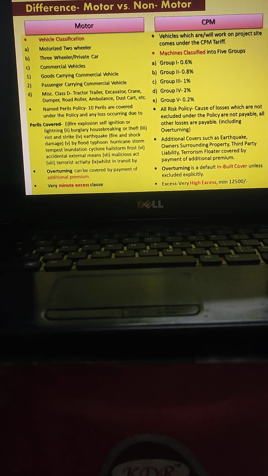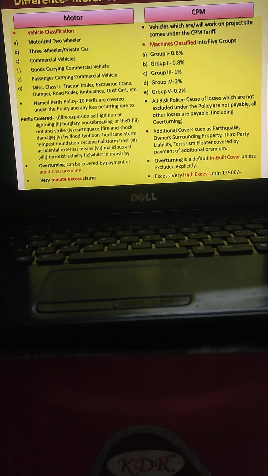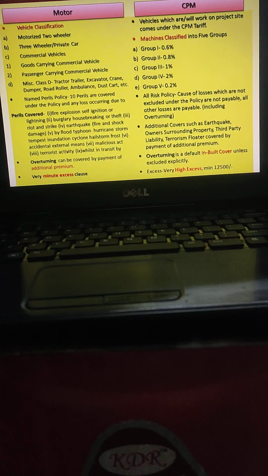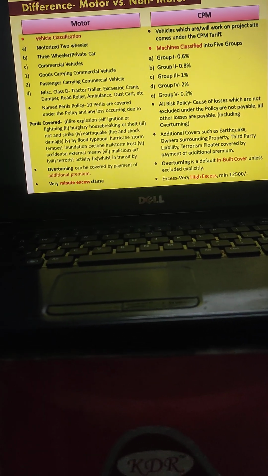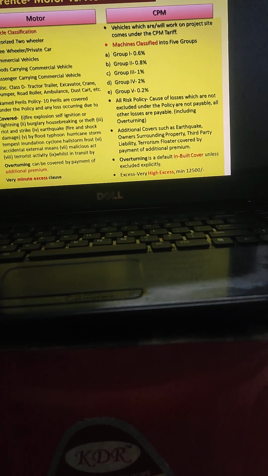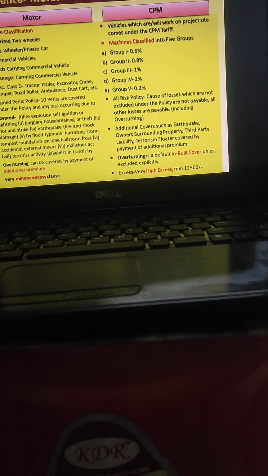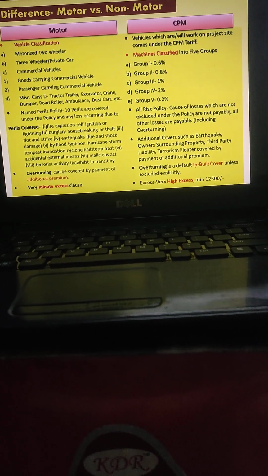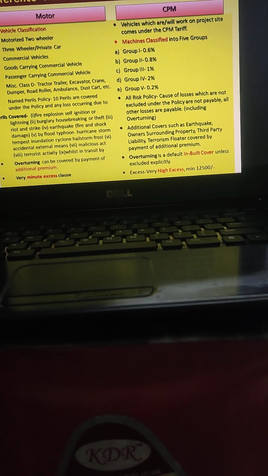See, motor policy has the vehicle classification like motorized two-wheeler, three-wheeler, private car, commercial vehicle, goods carrying commercial vehicle, passenger carrying commercial vehicle, miscellaneous class D vehicles like tractor, trailer, excavator, crane, dumper, road roller, etc. But CPM vehicles which are on project site come under the CPM tariff, and machines are classified into 5 groups, group 1, 2, 3, 4, 5. Even the rates are prescribed.